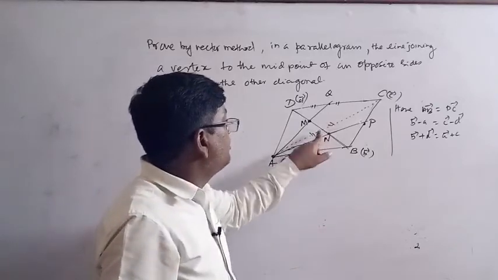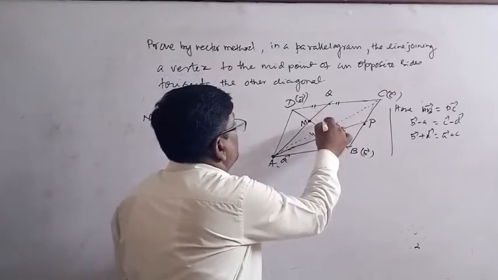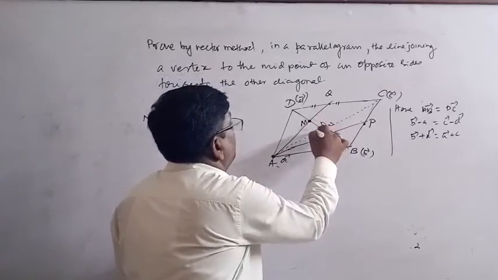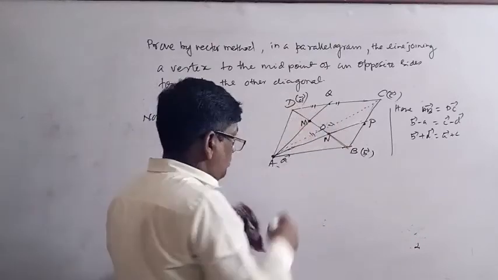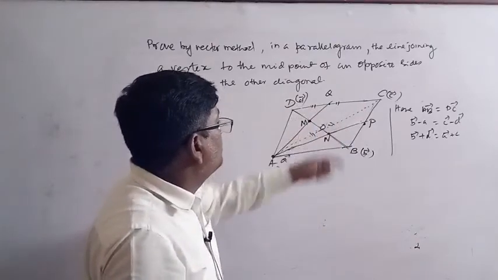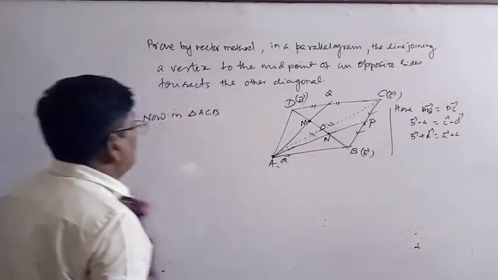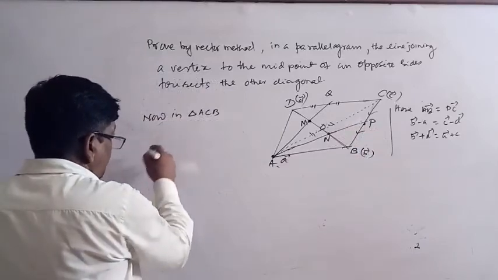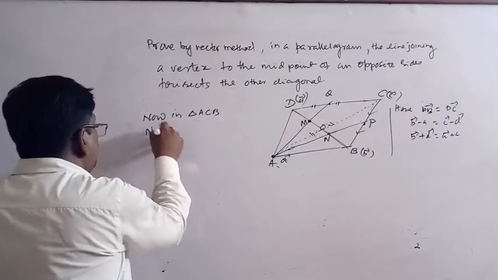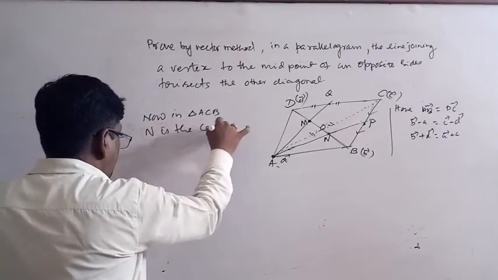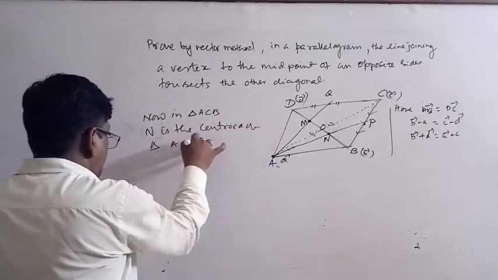Suppose the midpoint is O. N is the centroid of triangle ACB.